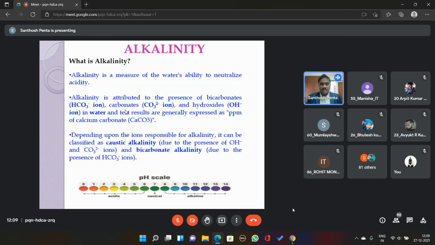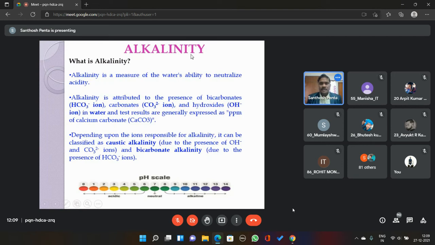There are three ions: hydroxide, carbonate, bicarbonate. Here they have not written it sequentially, but you have to remember it sequentially. First write hydroxide ions, then carbonate ions, then bicarbonate ions.